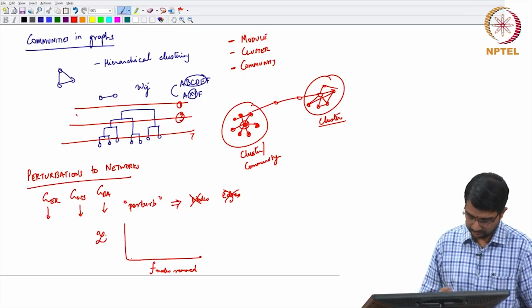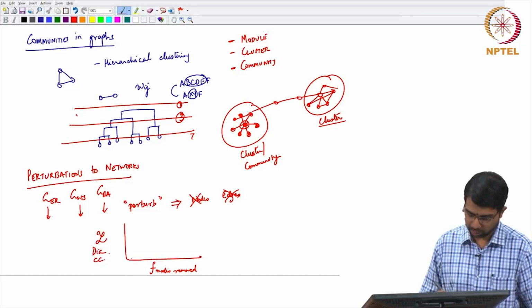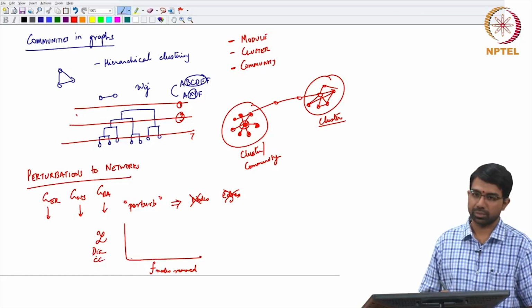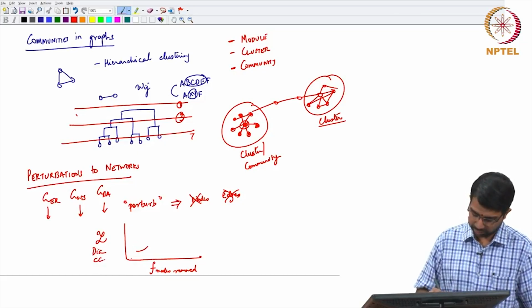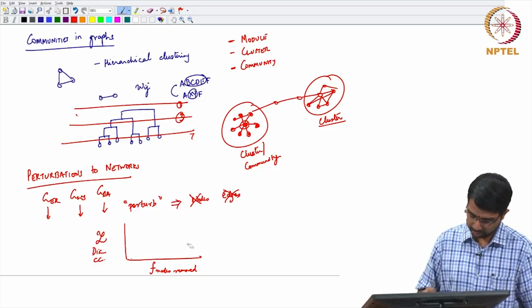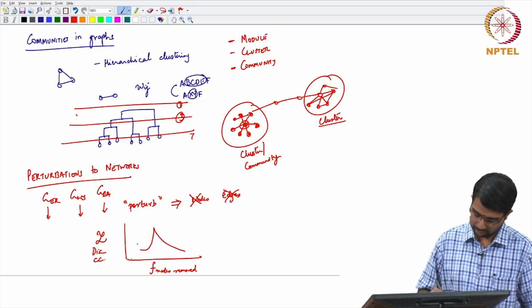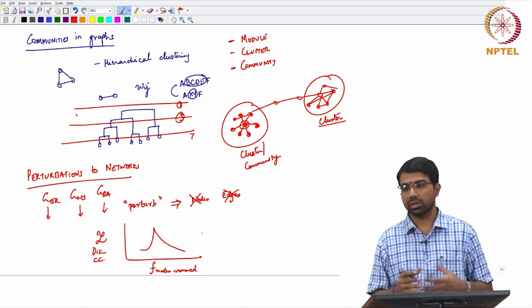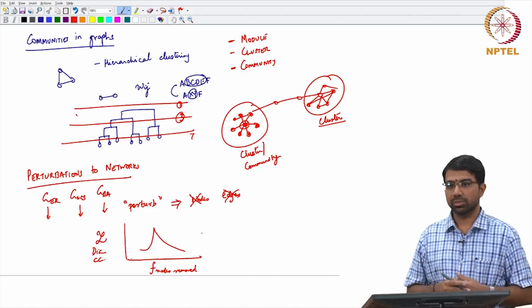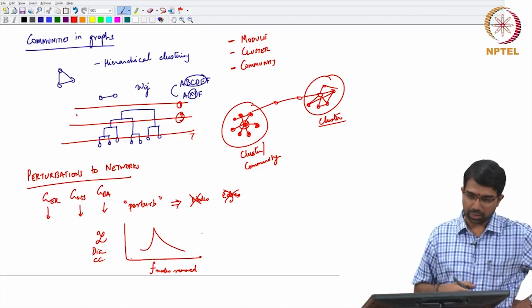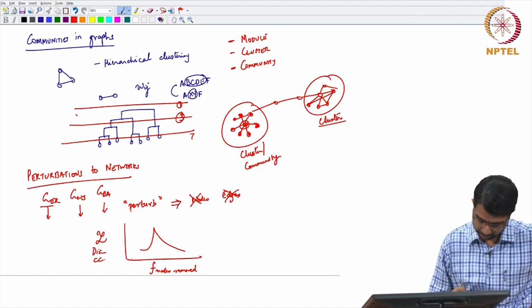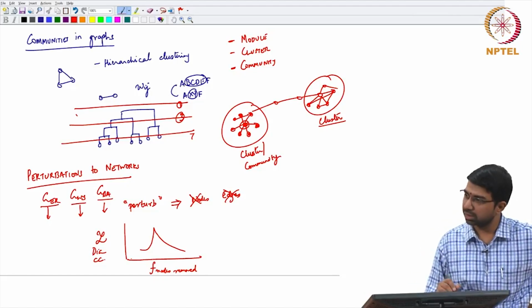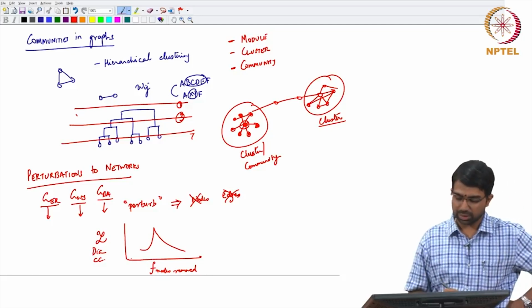It could be L, it could be dia, it could be clustering coefficient, whatever, right. And you might find something like this, or rather something like this, and so on, right. This is something you should study. Let us try to do this in a lab session. You first have to write codes to generate these basic networks, and then knock out something and then study.